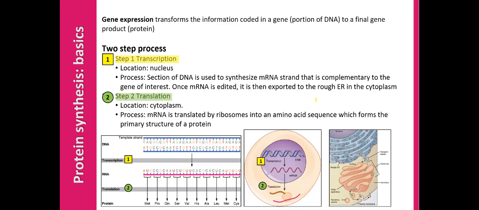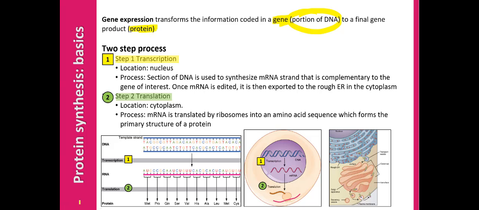When we talk about the next step, which is protein synthesis, we've got the term gene expression. So gene expression transforms the information coded in a gene. A gene is defined as a functional portion of the DNA strand, and gene expression transforms the information in that gene into a final product, so into a protein.